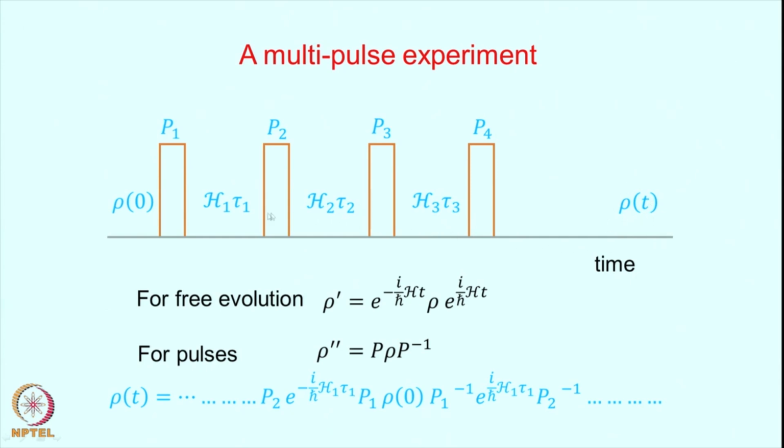So, you start from some particular time point here, which we call 0, and you collect the data here with various kinds of manipulations happening in the various time periods here.